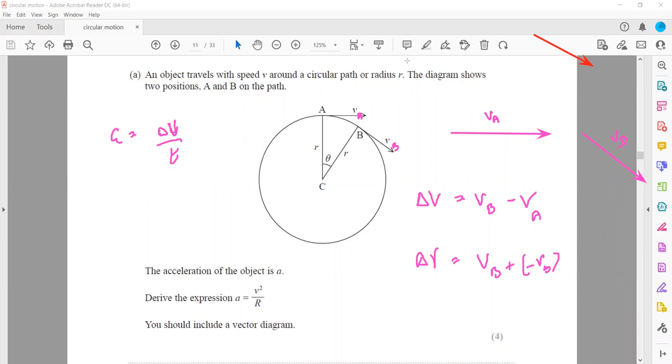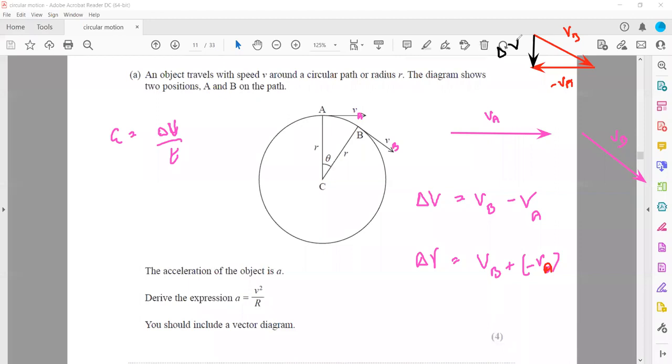What is minus VA? If VA is in this direction, from left to right, then minus VA will be opposite. So this will be minus VA. This one is VB. And what about the resultant? The resultant is from the tail of the first to the head of the last.